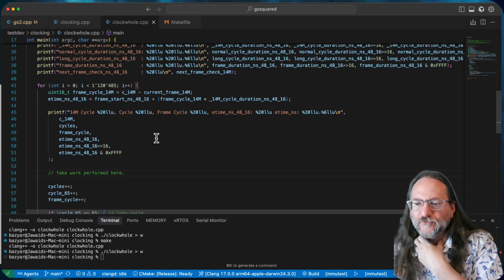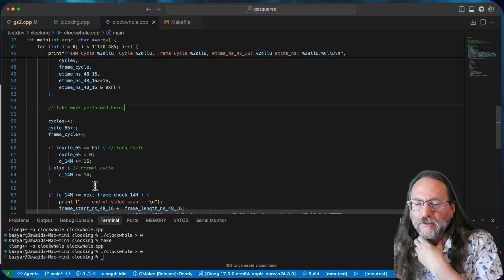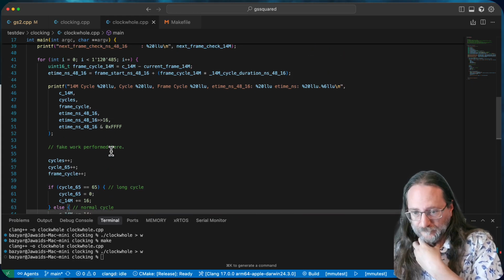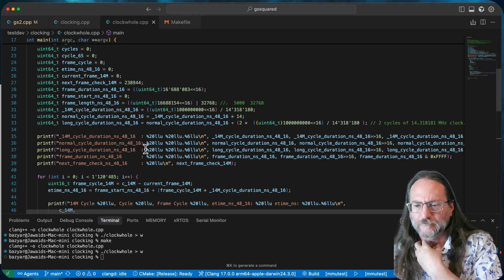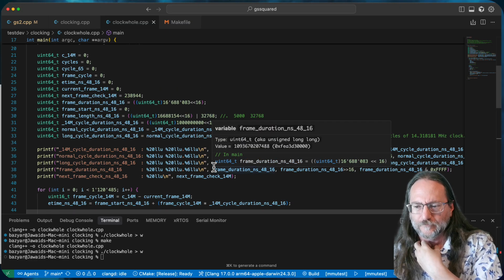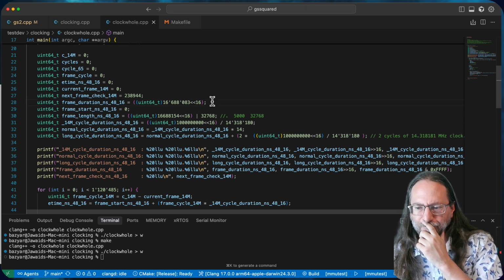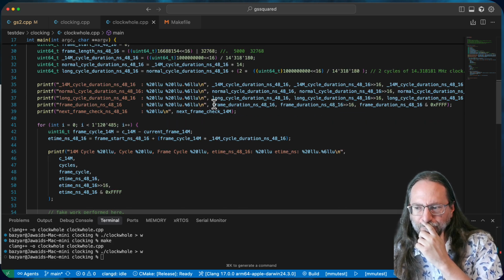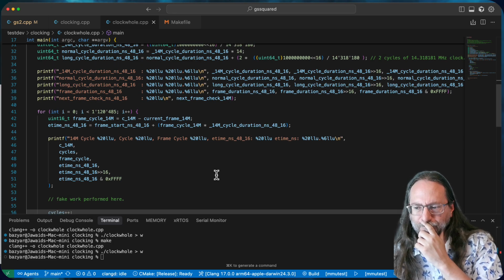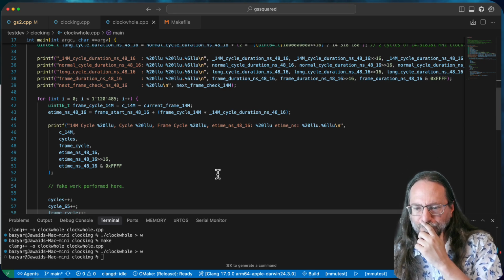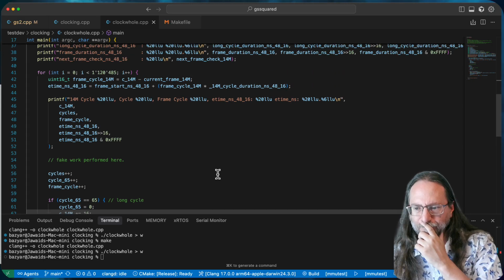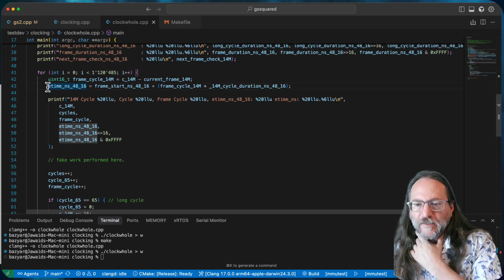So, okay, no, C14M plus equals 16 or plus equals 14. So the elapsed time is the frame start time.